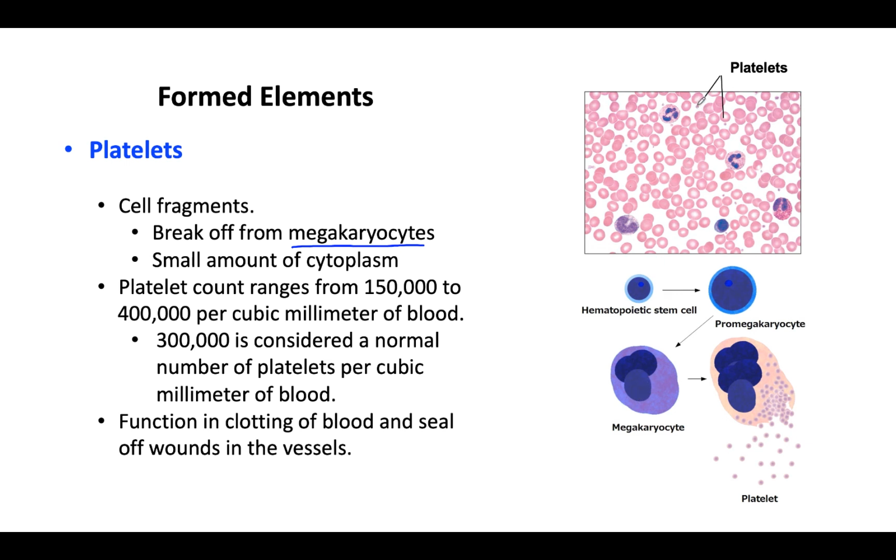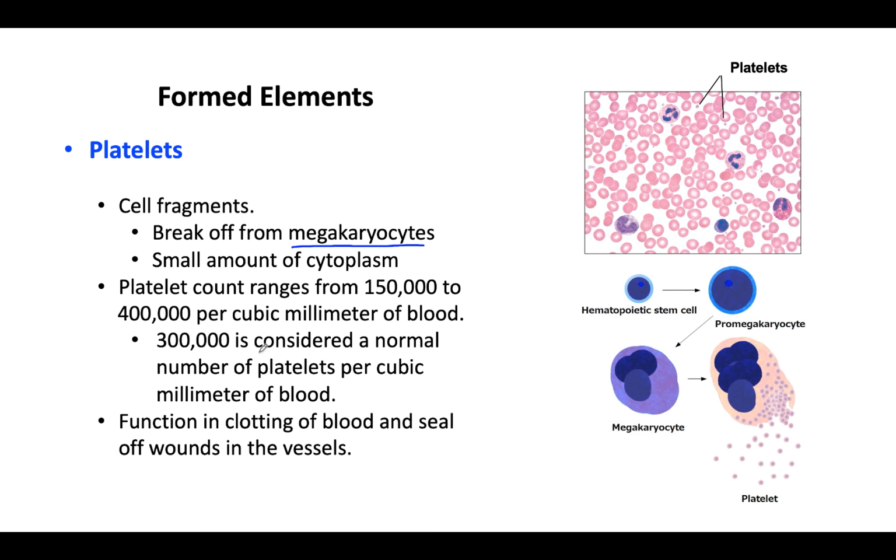Therefore, the size of a platelet is really small. It appears as a small dot. About 300,000 platelets is considered a normal number per cubic millimeter of blood.